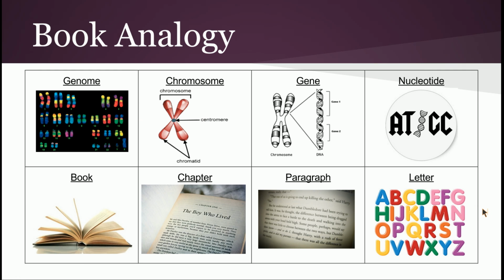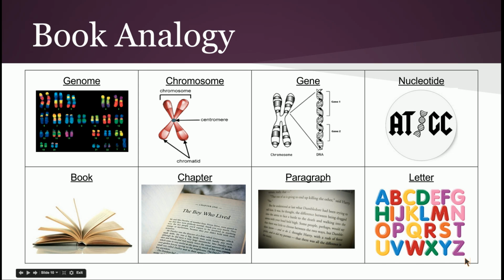So the best way that I have to remember the levels of organization of DNA is to compare the different levels to a book. So if you think of your genome as being a book, each of the chapters of the book would be like the chromosome. So the human genome is made up of 23 chapters, 23 different chromosomes. Now, within each chapter, we know the chapters are made up of paragraphs, just like your chromosomes are made up of genes.